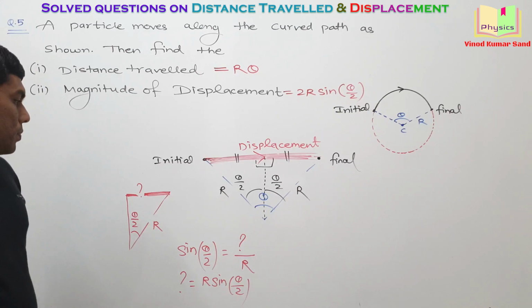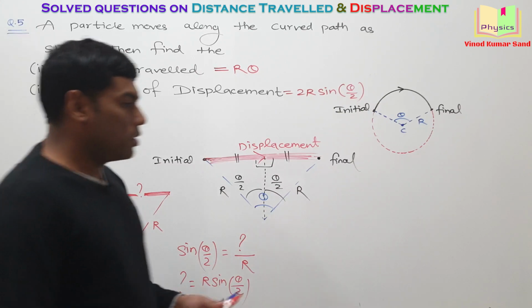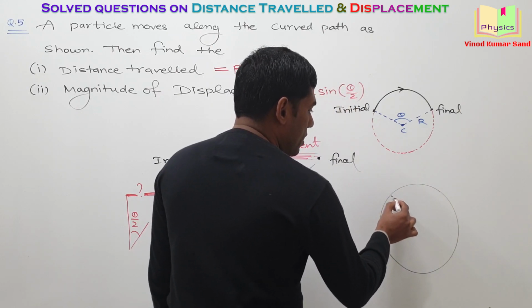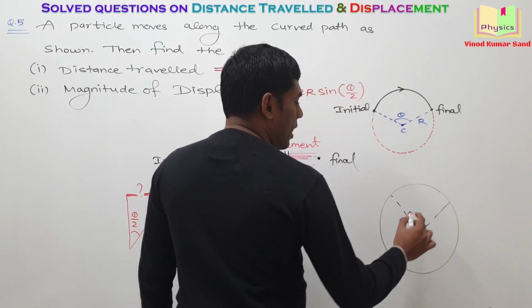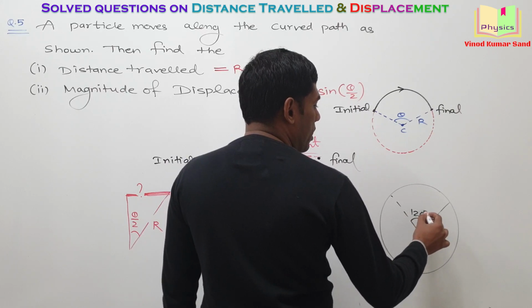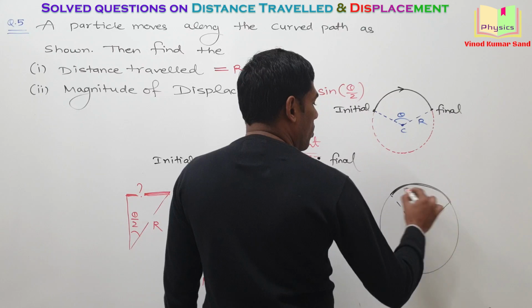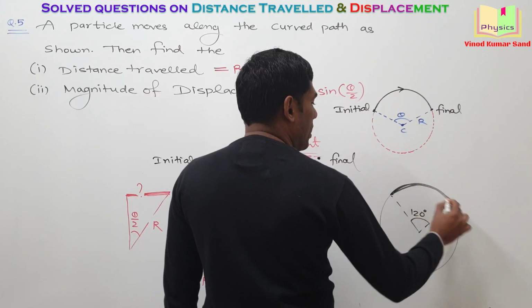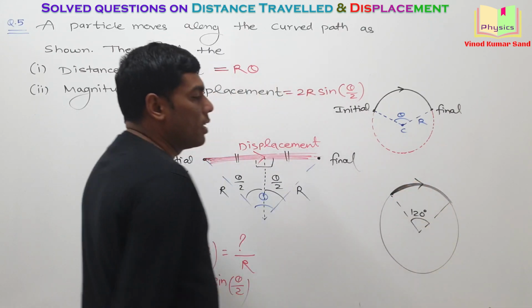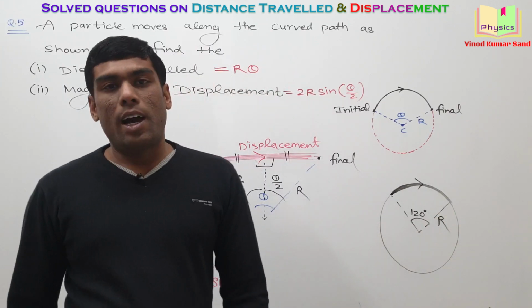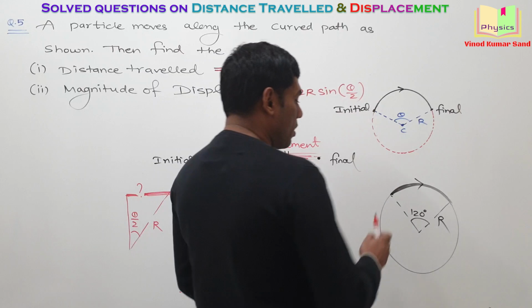Done? Let me ask you a question. Suppose we have a circle and let's say this angle is 120 degree. A particle goes like this over the highlighted path, over the darkened path. Radius is r. Can you tell me how much is the magnitude of the displacement of this particle?